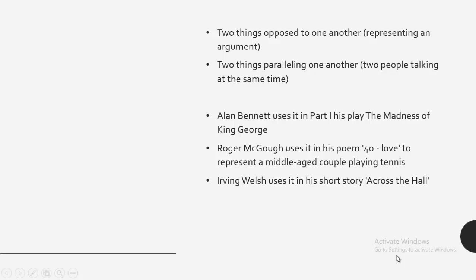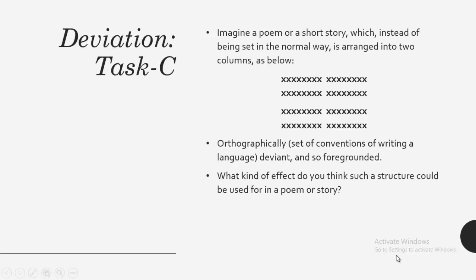Again, a poet has used it in one of his poems, which is titled 40 Love. In this poem, there are two people. There is a couple, and the couple is middle-aged, and they are playing tennis. So you can consider this divide between the two columns as the net of the tennis, and the words said by the husband and the words said by the wife would be on the two sides of the columns.